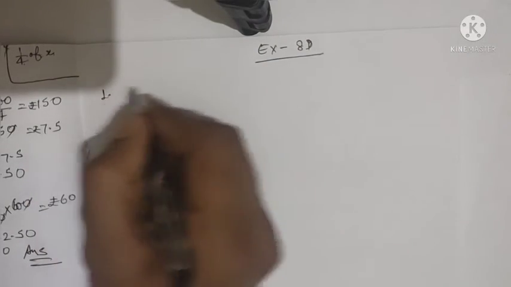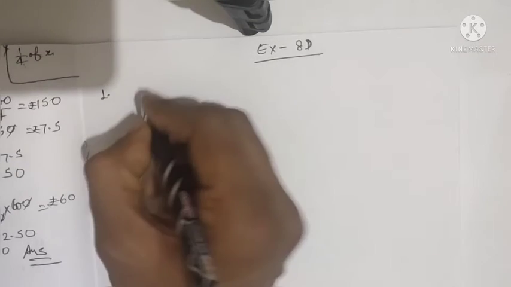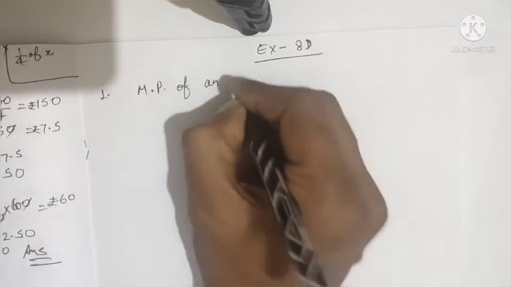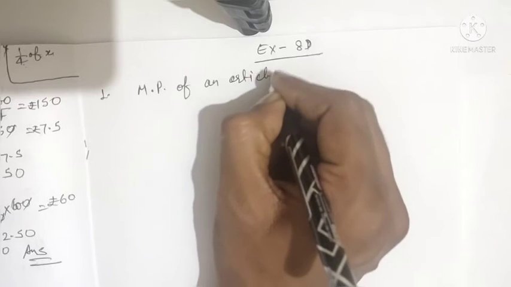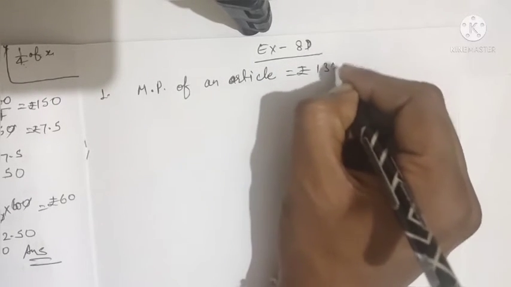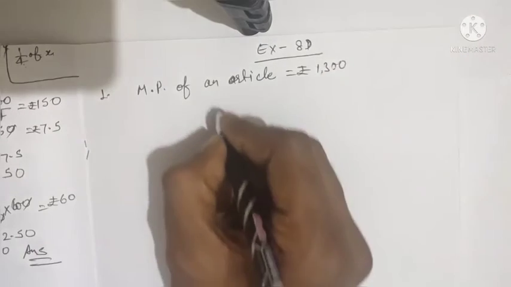Now we are going to solve exercise 8D, and look at question number 1. Question number 1 is, an article is marked for rupees 1300. So the marked price of an article is equal to rupees 1300, and it is sold for rupees 1144.